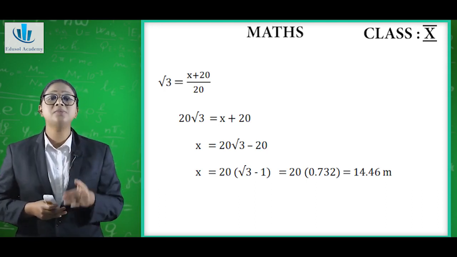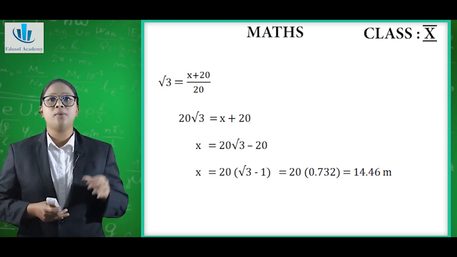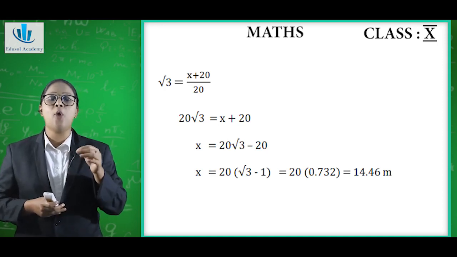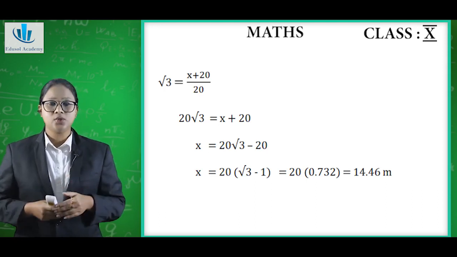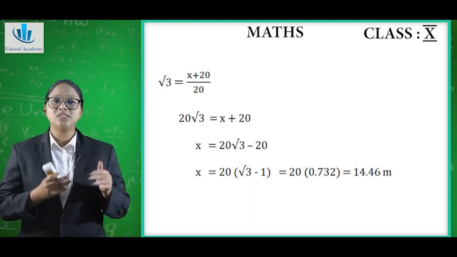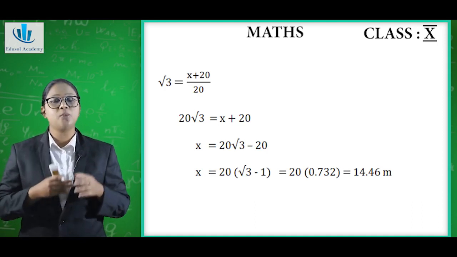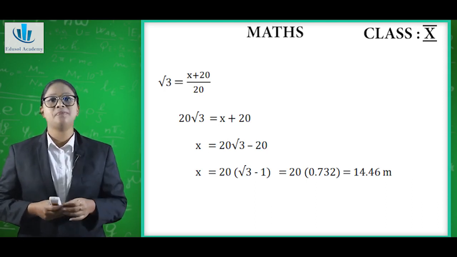So the equation becomes X is equal to 20 into root 3 minus 1. And we are asked to take the value of root 3 as 1.732. So the equation becomes 20 into 1.732 minus 1, that is 0.732. So 20 into 0.732 will give you 14.46 meter. Thank you.